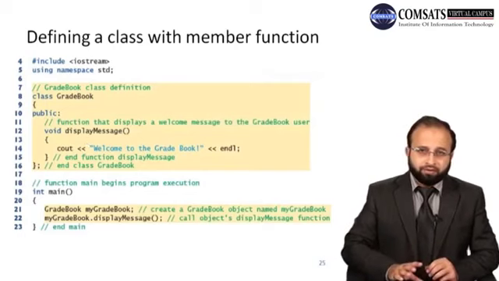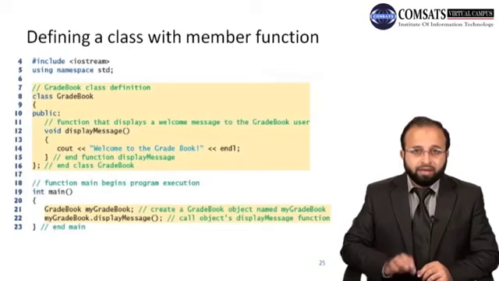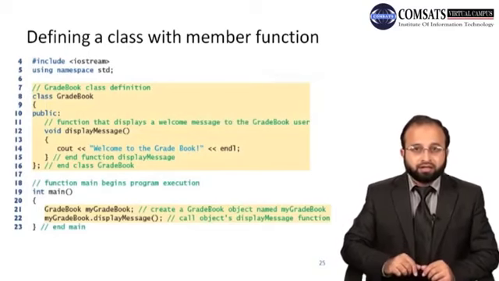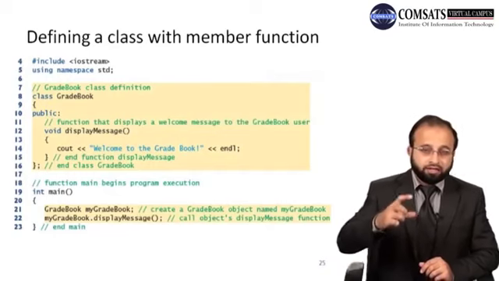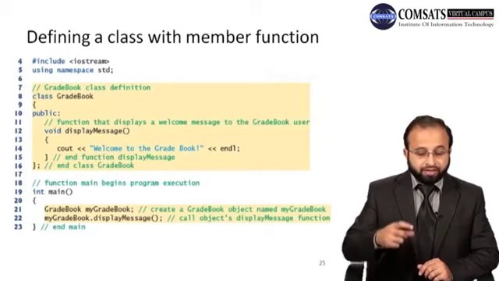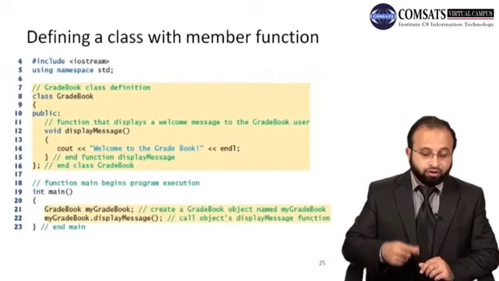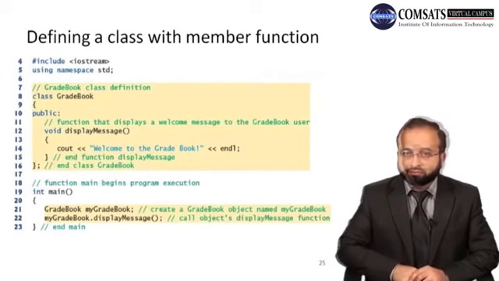Now what is a public function? A public function is a function that can be called or accessed using an object of that class outside that class definition. So इस class definition से बाहर, let's say inside the main function, you can call the displayMessage function using some object of the GradBook class, right?